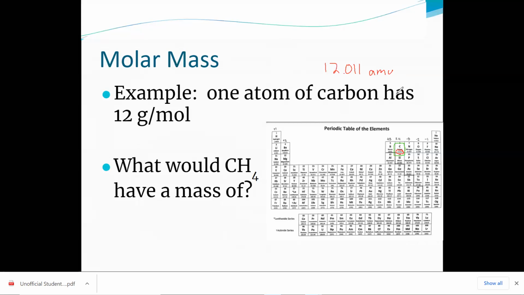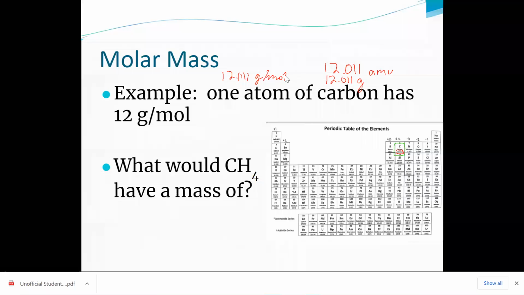But the nice thing is that 1 mole of carbon has a mass of 12.011 grams, meaning carbon's molar mass is 12.011 grams per mole.